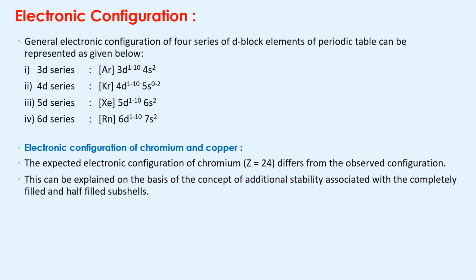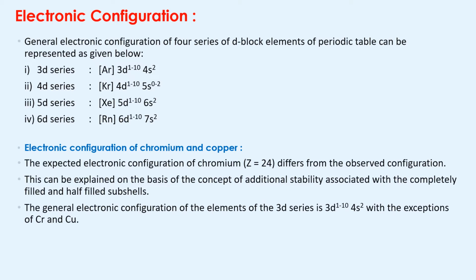It means an atom gets additional stability if it achieves a completely filled or half filled subshell. If the d orbital has 5 electrons, it acquires extra stability, or if it has 10 electrons, then also it acquires extra stability.